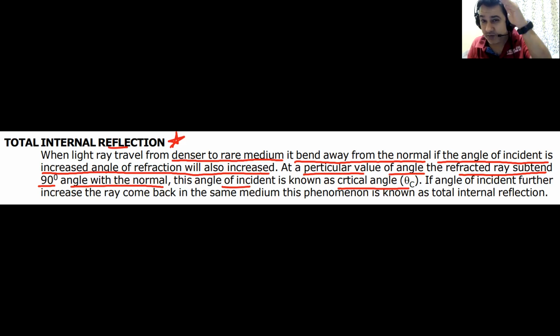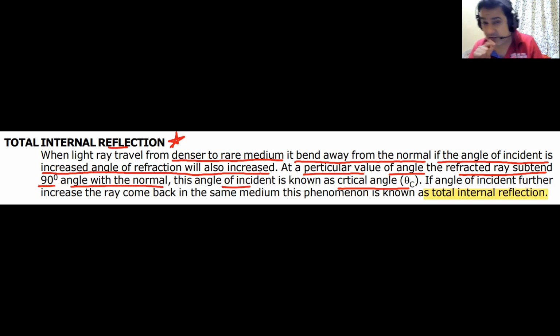The rays will not be refracted, the rays would be reflected back in the same medium. This phenomena is known as total internal reflection. Do we understand this?